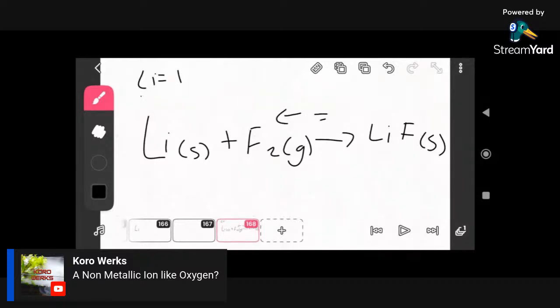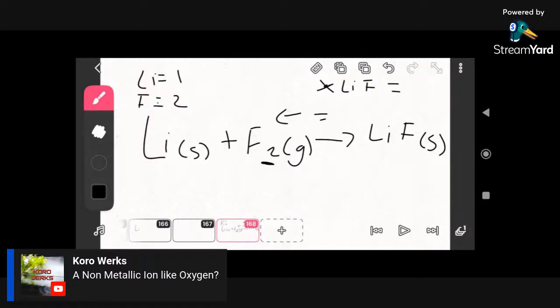And on the fluorine, how many do we have? You see the 2 right here? So we got 2. And then on this side, we got to balance it. No matter what, we got to put a number that's going to multiply to equal the same amount.